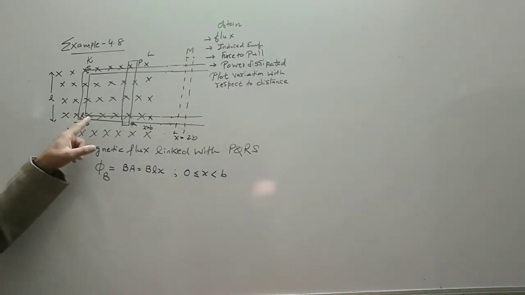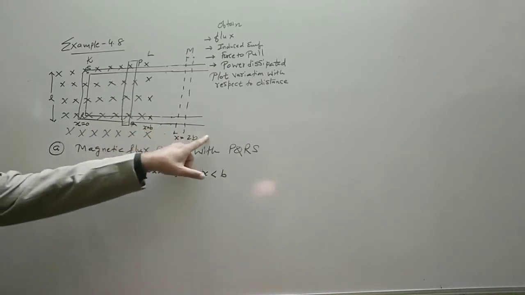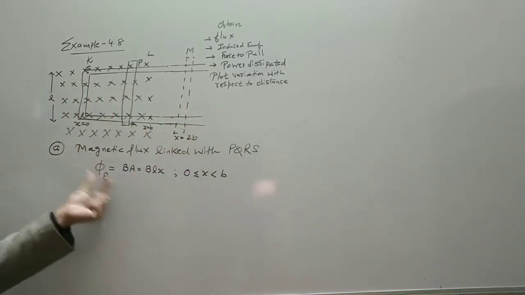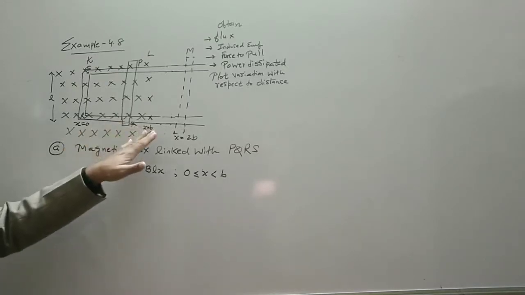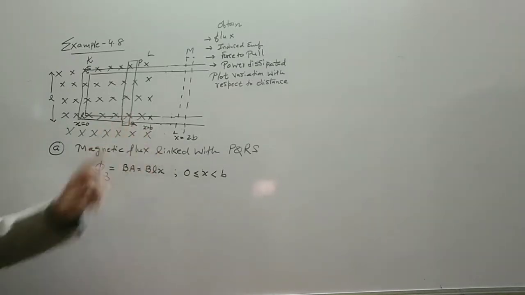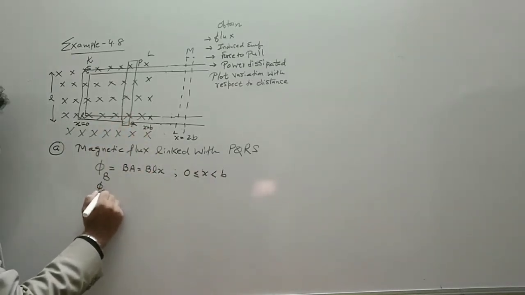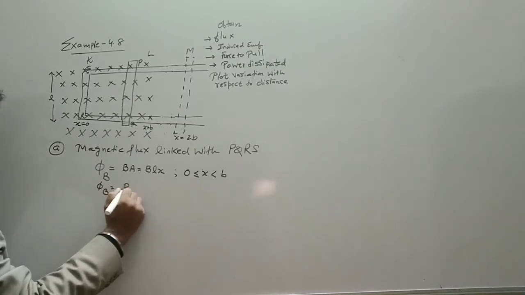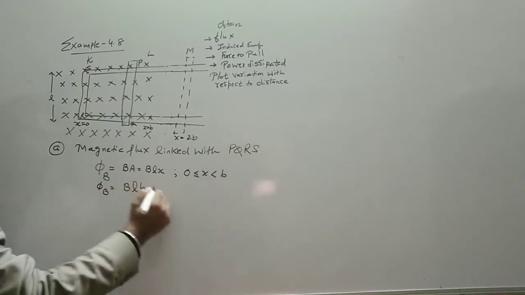So x is 0, 1 meter, 2 meter, 3 meter, 4 meter, say 5 meter. This is 5 meter and this is 10 meter. So the flux increases till 5 meter in direct proportion, that is BA. At exactly b, this is less than b. At exactly b, the formula becomes B into the area, that will be L into b.